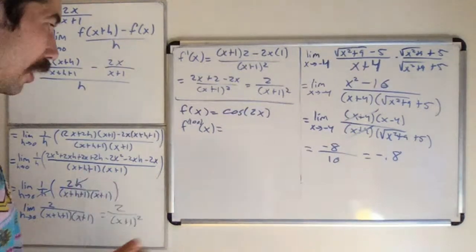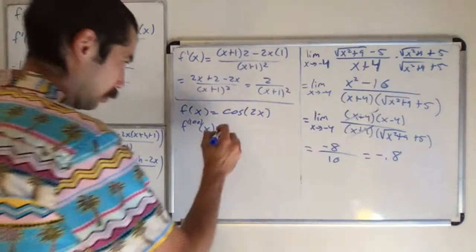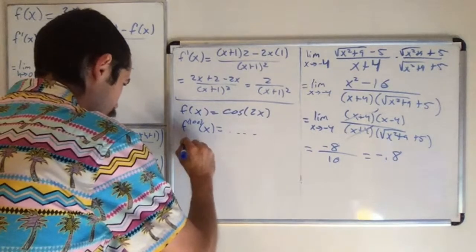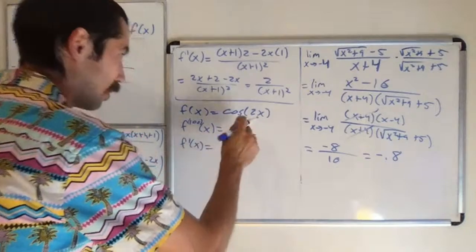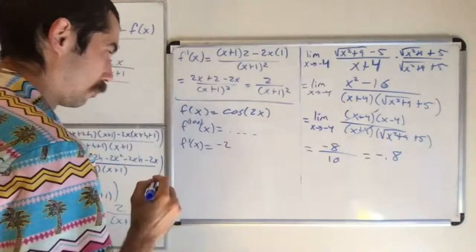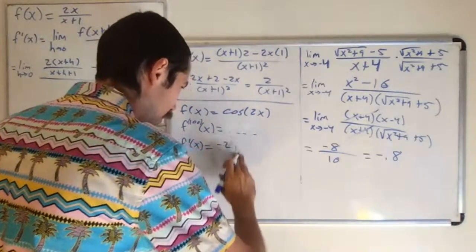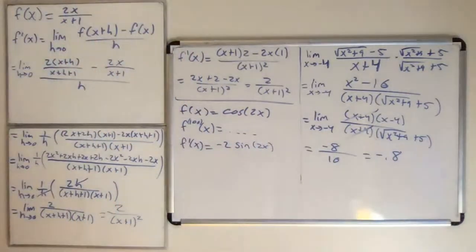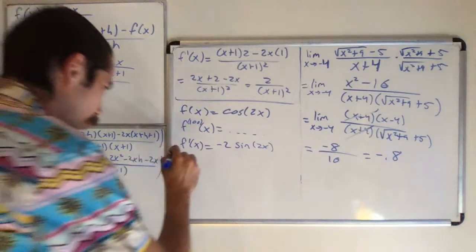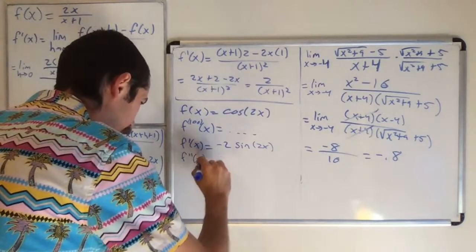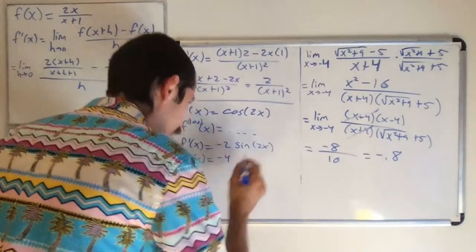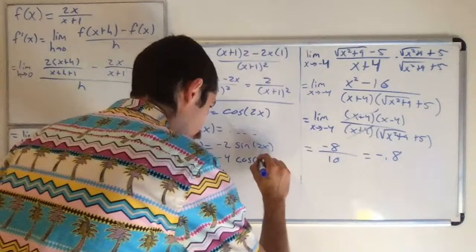Since we're short on time, I'll just walk us through. Let's take a few derivatives and see if we can find a pattern. f prime of x is -2 sine of 2x, that's the chain rule. f double prime is -4 cosine of 2x.